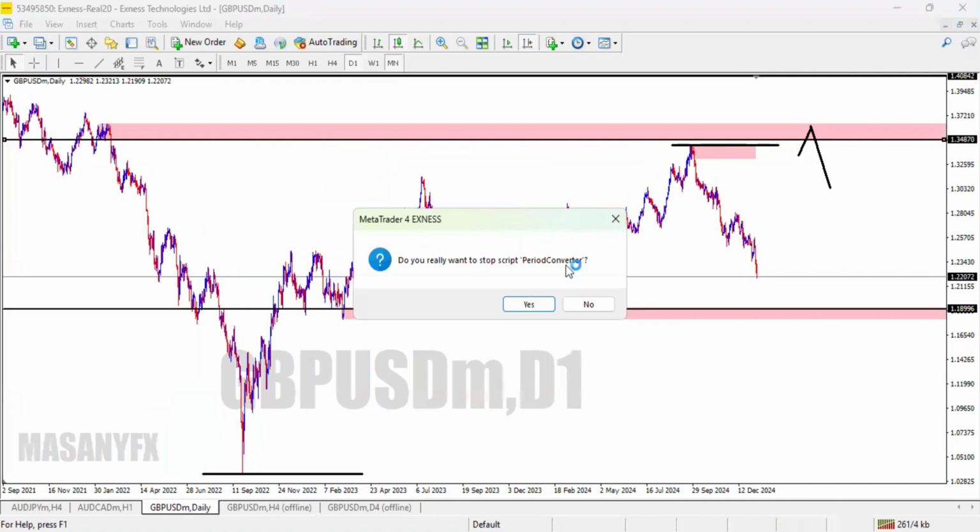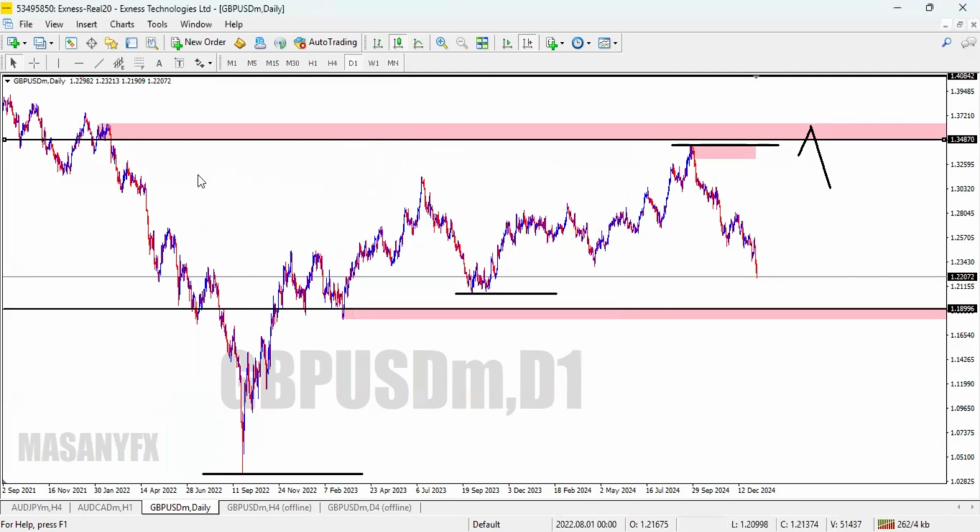I can't change the time frame for now because I'm using a custom convert. I saw that GBPUSD has a fresh supply zone above that still needs to come back and touch it. Because in this fresh supply zone, there are pending orders for banks and institutional traders.